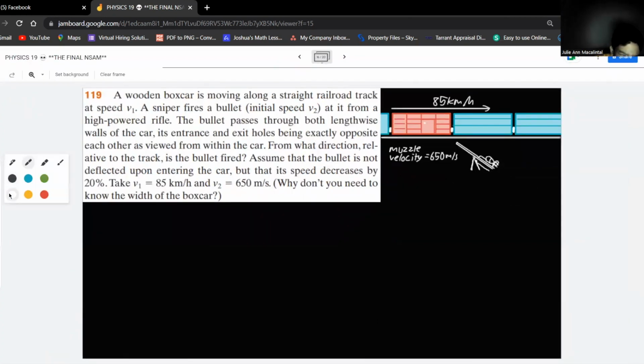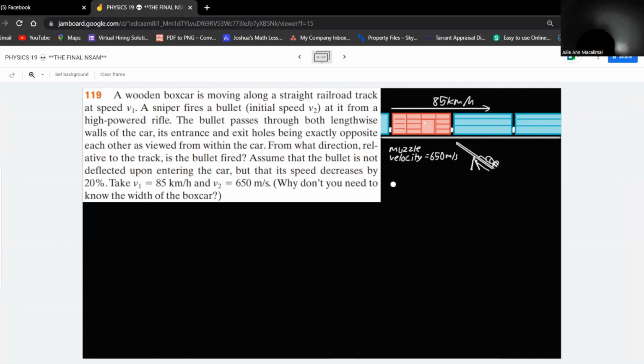Okay, sige, ignore gravity muna. Kasi ang problema, hindi natin alam yung... this is a reference frames problem. So, saang reference frame simple yung solution?